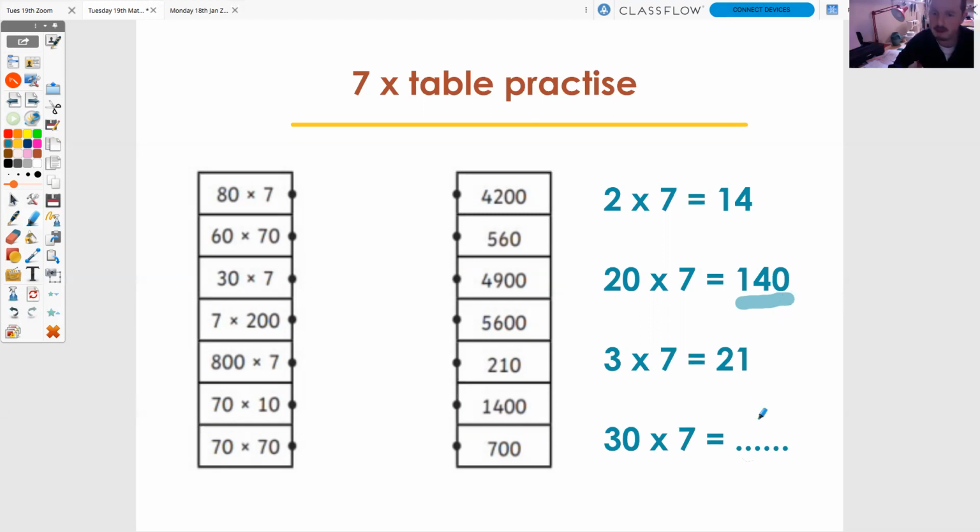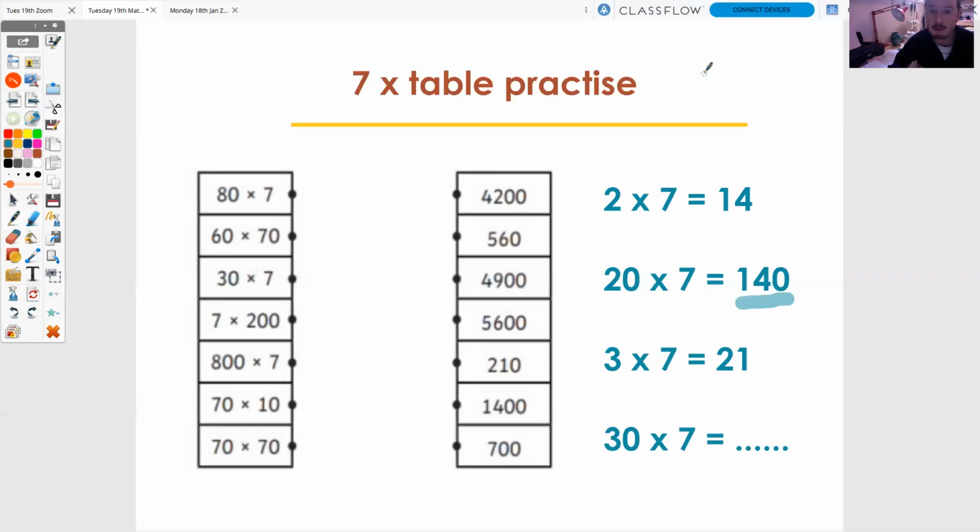So 3 times 7 is 21, but 30 times 7, well, that's 10 times bigger. So we've got to make 21 10 times bigger, and just add a 0 on the end in this case, and that will give you the answer. Now, if it's something like 60 times 70, well, if you know what 6 times 7 is, that will help you.